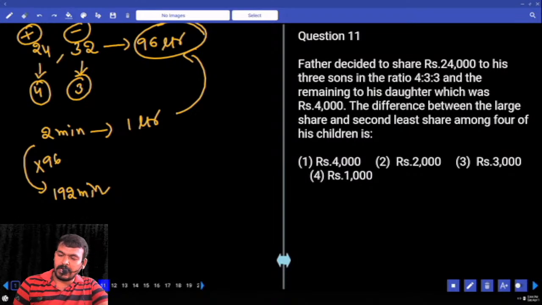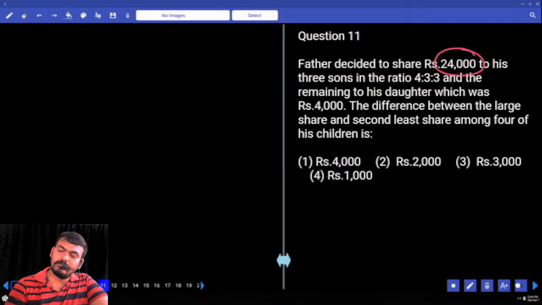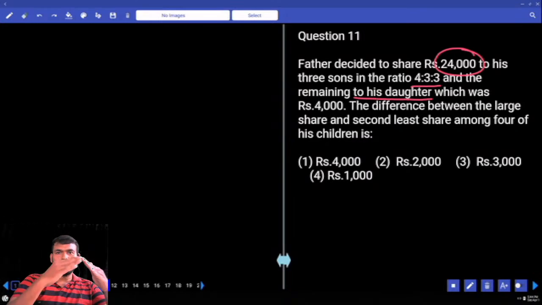The difference between the largest share and second least share among the 4 of his children is? What is the total amount? 24,000. In that some amount will be given 4:3:3. Remaining amount to his daughter.